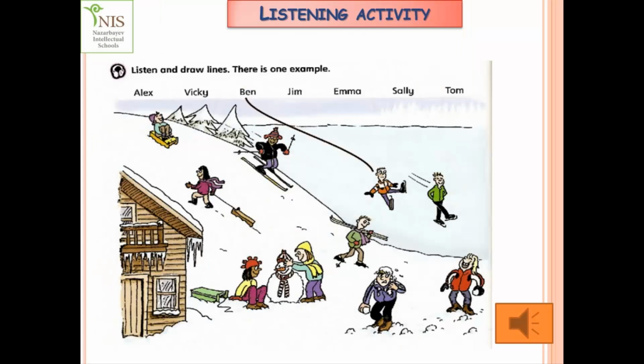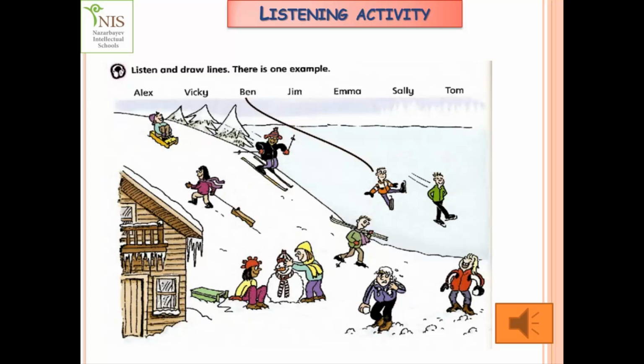35B. Having fun. Listen and look. There is one example. It's very cold today. Look at all that ice on the balcony. Yes, I know, Dad. Are all these children in your class? Yes, I'm their teacher. There's Ben, look. Is he the boy who's skating on the ice? That's right, but he's not very good. He's fallen over. Oh, yes. Can you see the line?